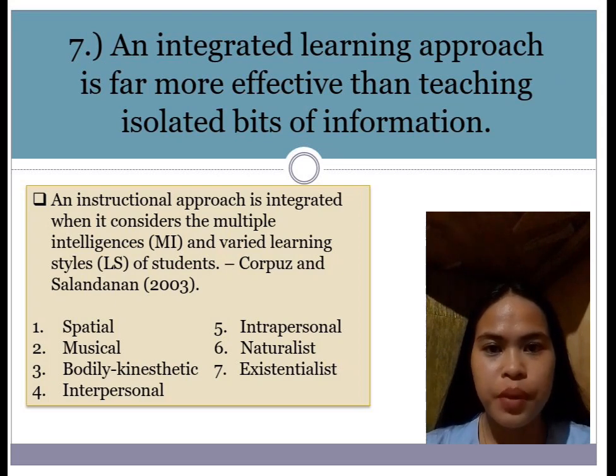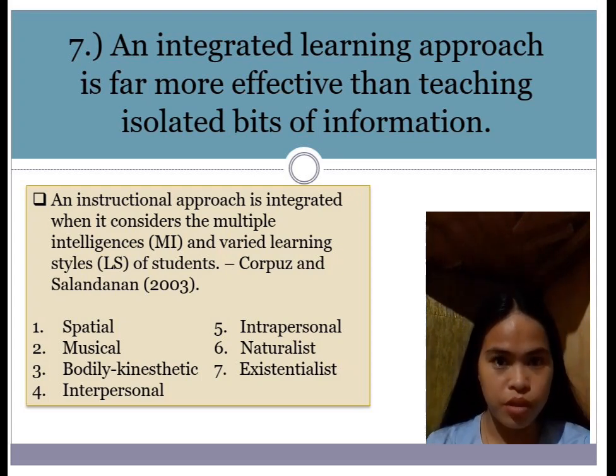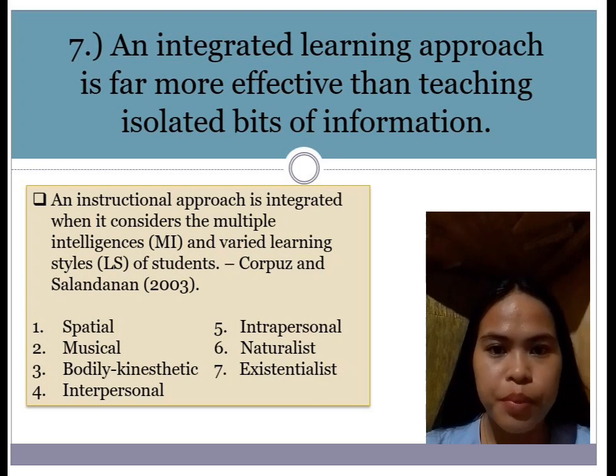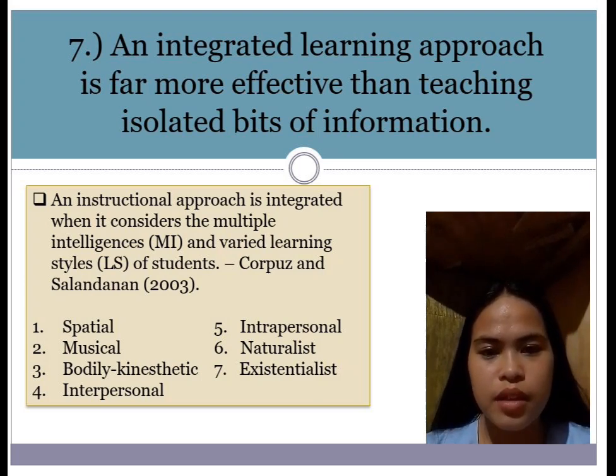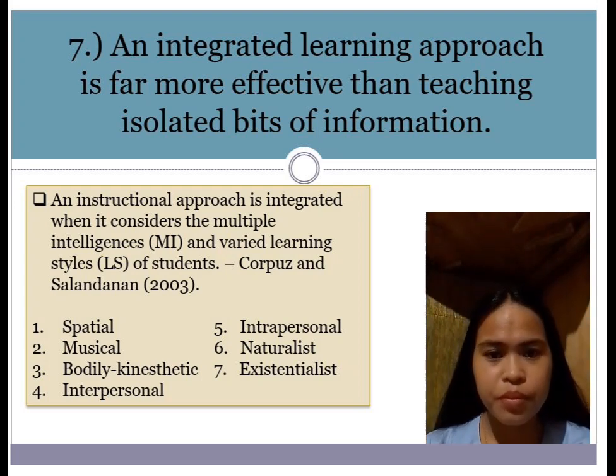Now, the seventh principle states that an integrated teaching approach is far more effective than teaching isolated bits of information. According to Corpus and Salandanan, 2003, they claim that an instructional approach is integrated when it considers the multiple intelligences and varied learning styles of students.